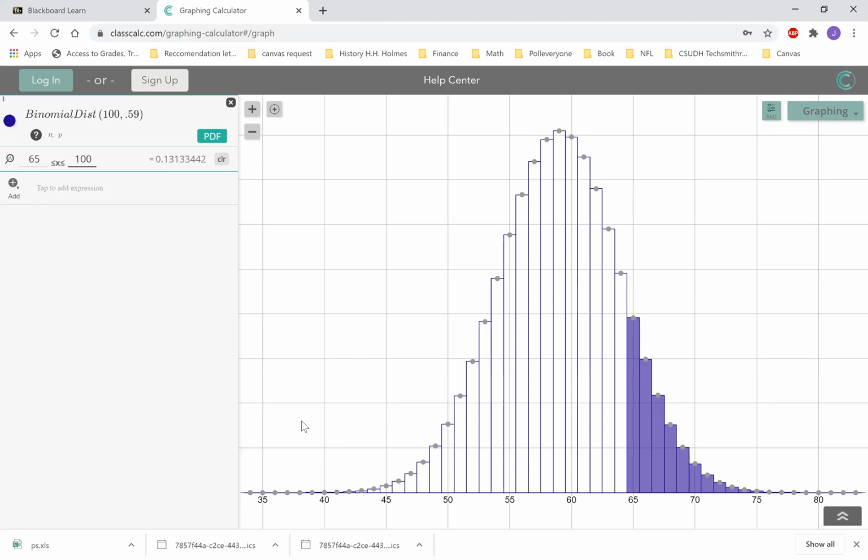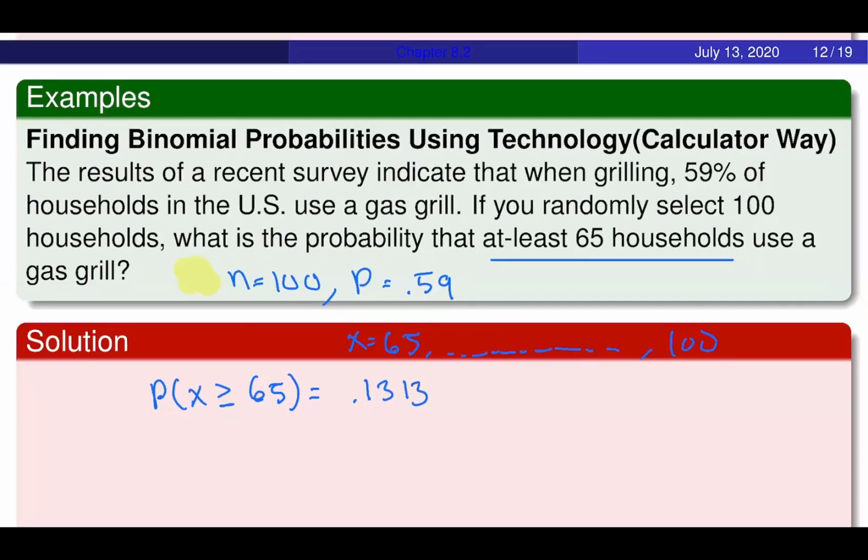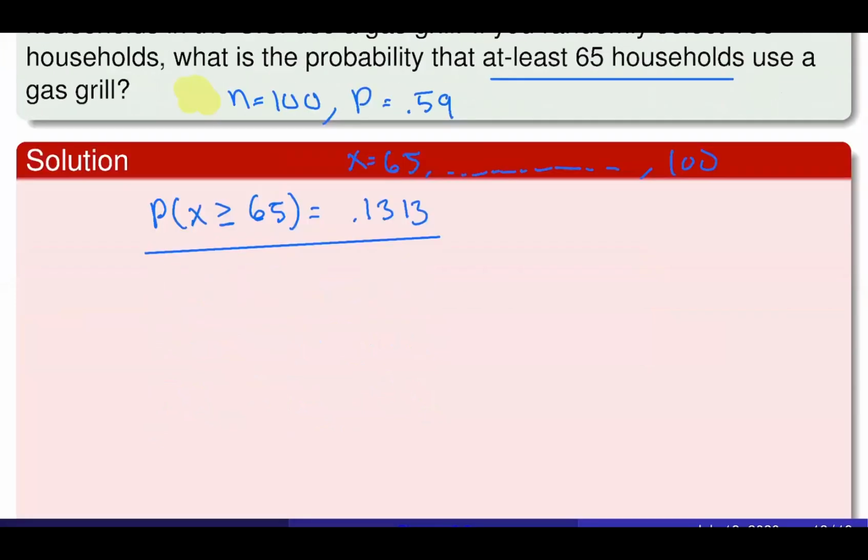All right, so let's go ahead and do the next problem. Here goes the answer: the probability that x is greater than or equal to 65 is 0.1313. So let's go ahead and do the next one.